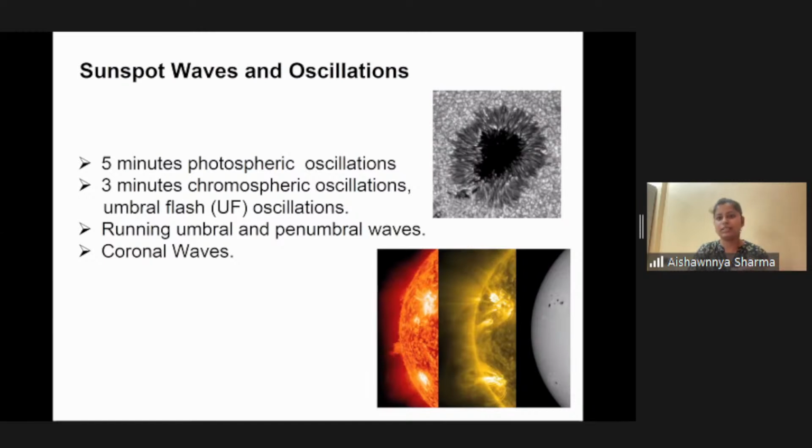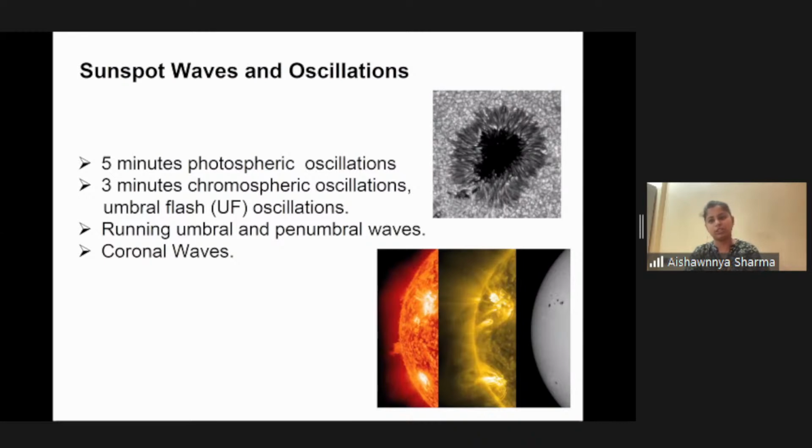Now, this is how a sunspot looks in the lower solar atmosphere. Lower solar atmosphere means the solar surface, the solar photosphere. Here we can see some black spots in the bottom panel. Then as we go up, we have the photosphere, then the chromosphere, finally the corona, and we can see it appears different.